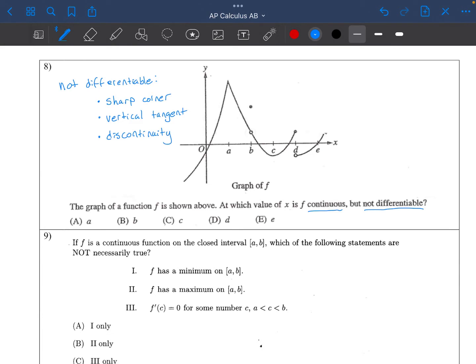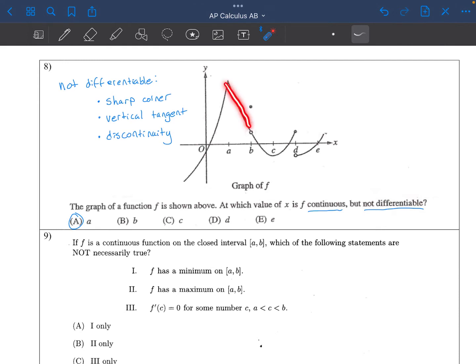There are 4 different types of discontinuity, so that's kind of a long list, but generally speaking, if you pick up your pencil, you cannot be differentiable. So the correct answer here is already A, because look, we didn't pick up our pencil, so it's continuous. Check that one off. And it's a sharp corner, that first thing, which is not differentiable. So that's the answer. But let's go through all of these to make sure that you understand them.